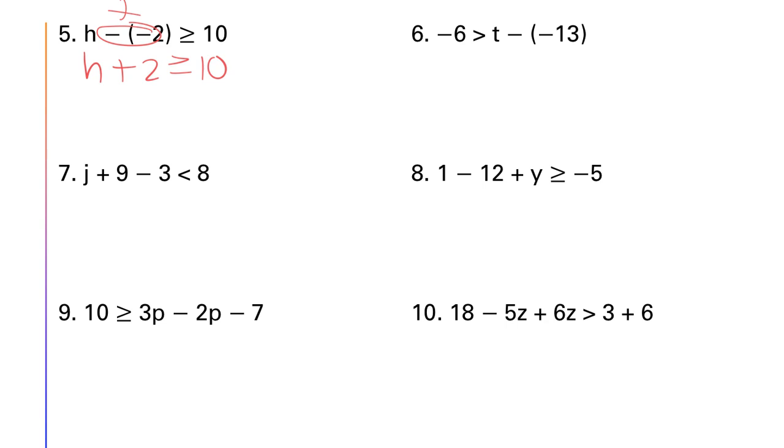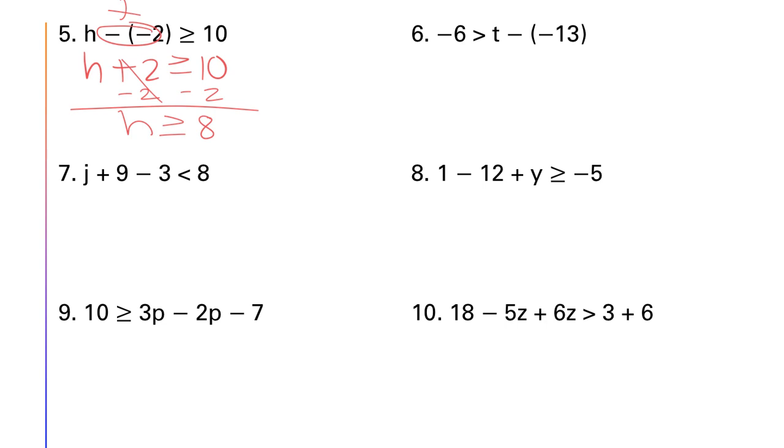Does it look now like a one-step equation? Well, in this case, a one-step inequality. So what am I doing? Subtracting 2 from both sides. h is greater than or equal to 8.